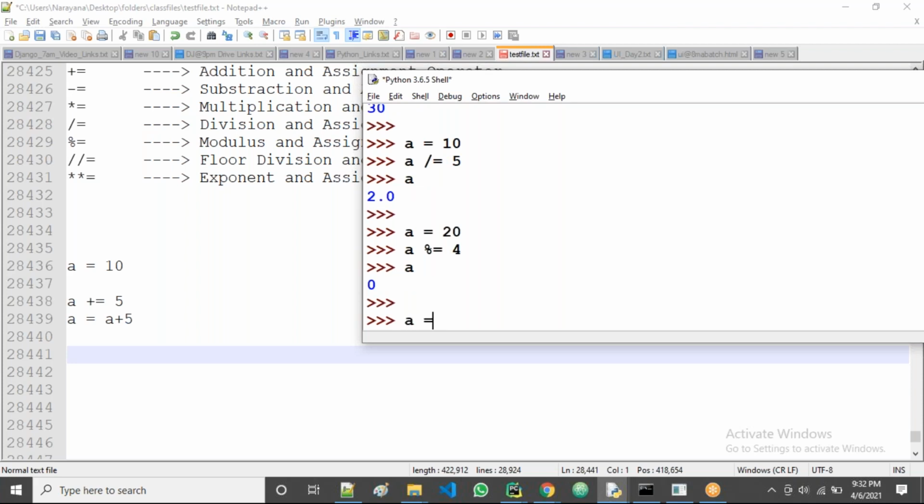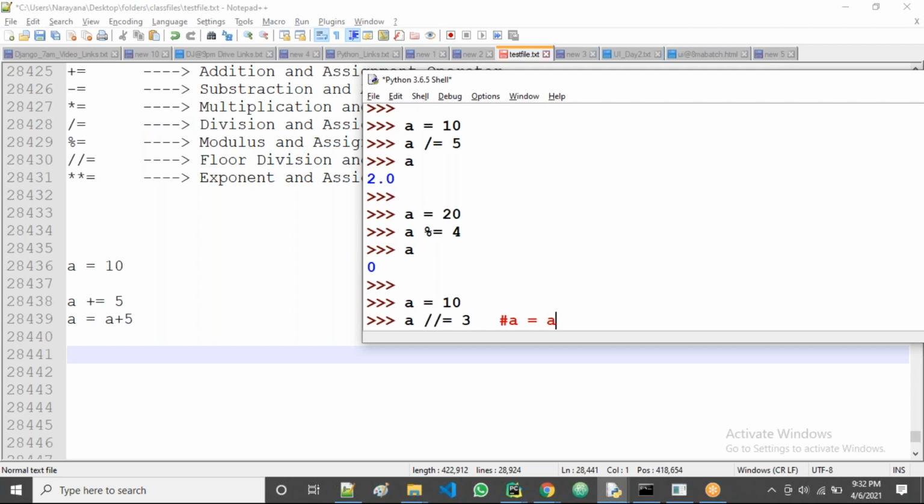Now tell me this one. I am taking a = 10 now. a floor division equal to 3, a //= 3. Tell me now. So how does it execute internally?